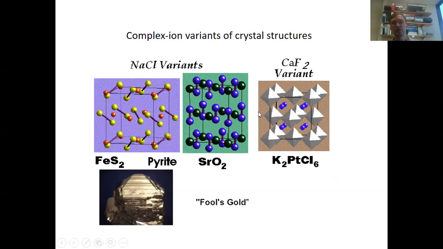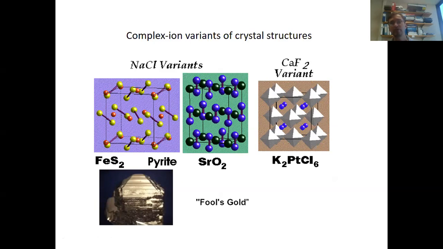All right, here just a third example. So the complex compound K2PtCl6, potassium hexachloroplatinate, makes a CaF2 variant.